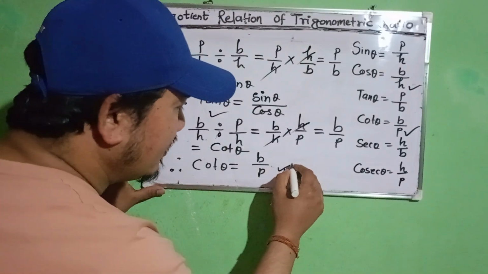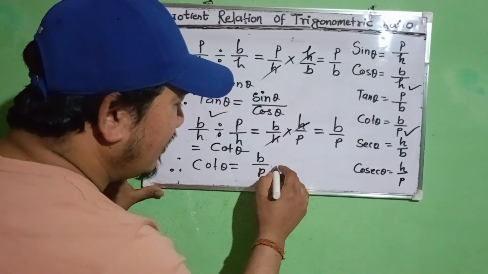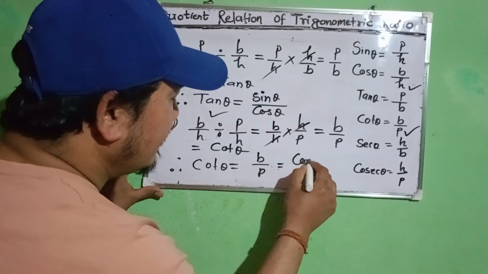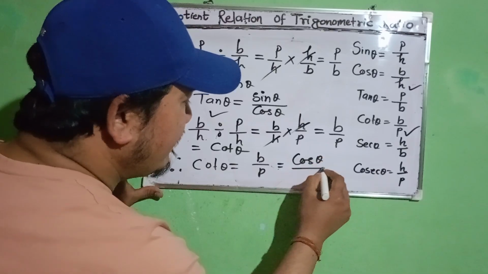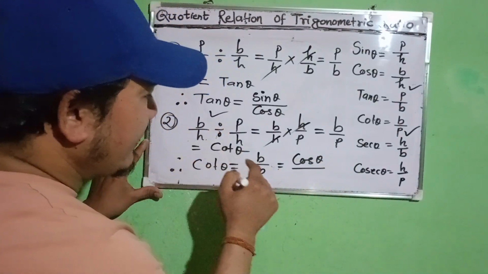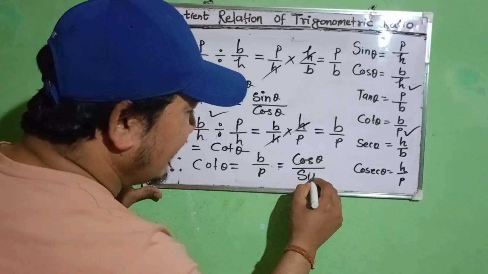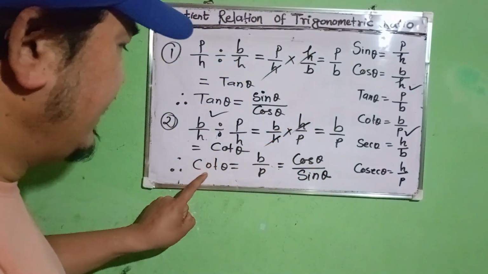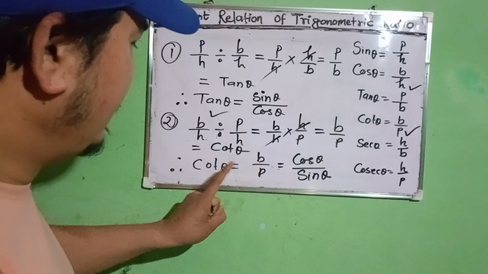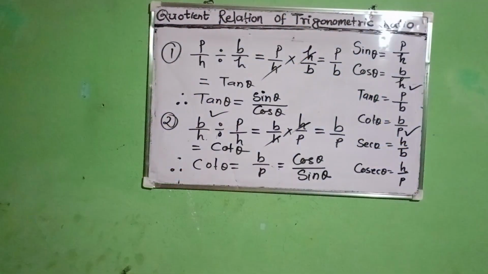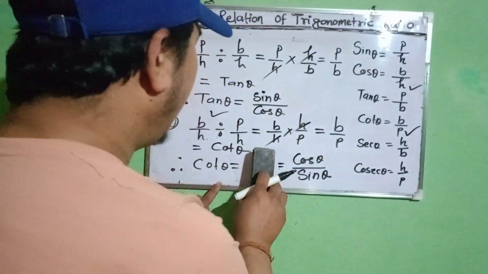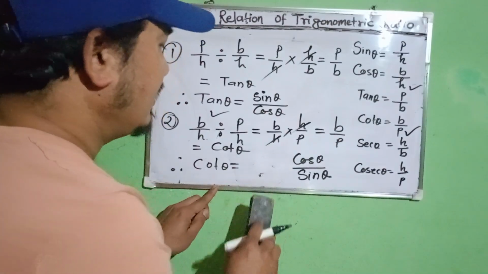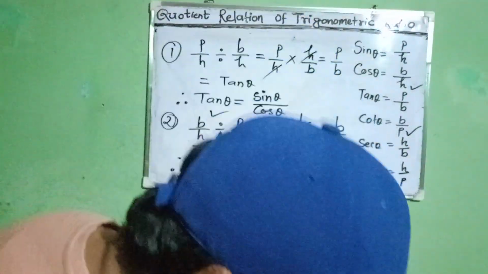Base by hypotenuse is cos theta, divided by sin theta, so we write cos by sin.